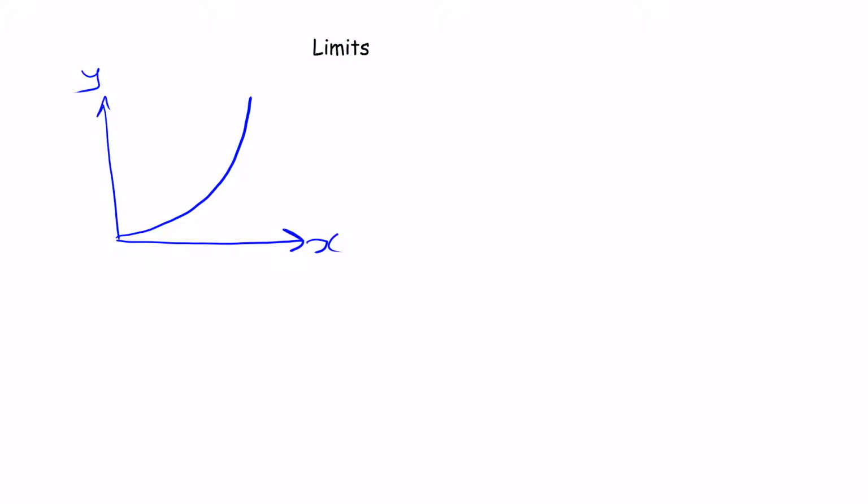Then if we pick a point or an ordinate a, as x tends to a, so x gets closer and closer to a, whether it be that way or that way, then what is y going to get closer to? If we have a look at this, for this particular function, y is tending to infinity.